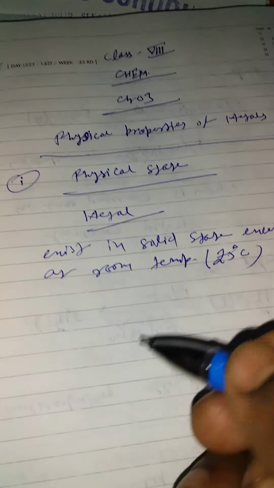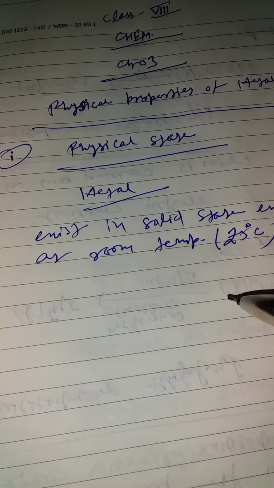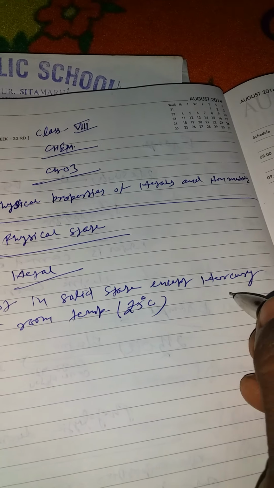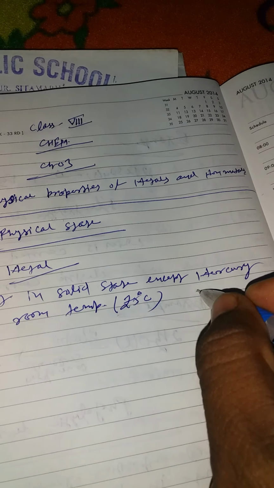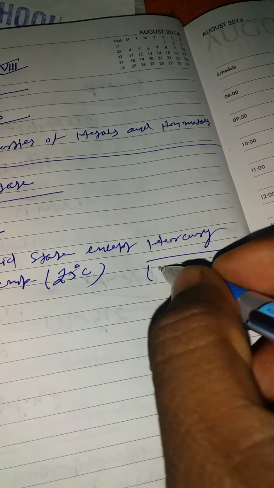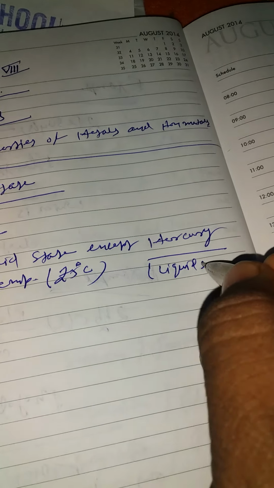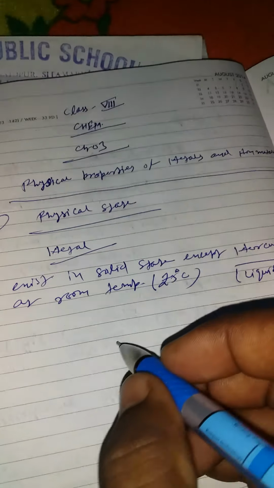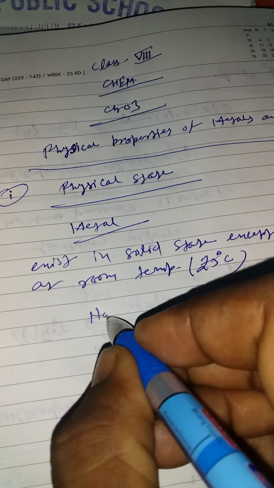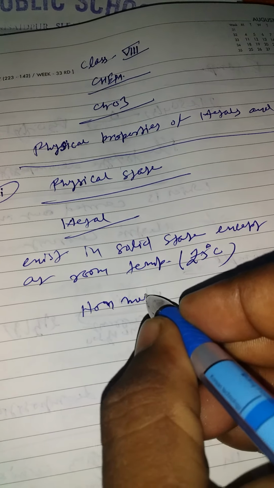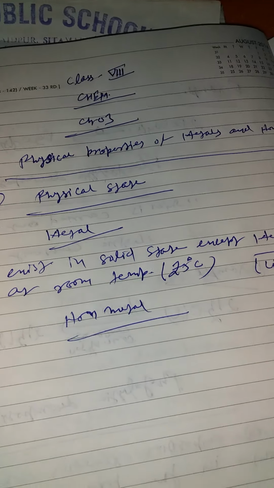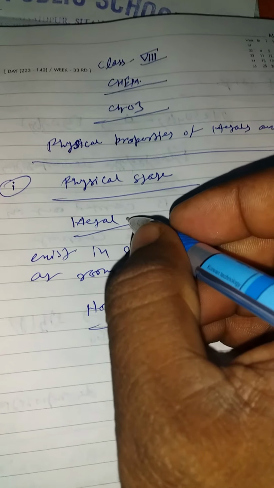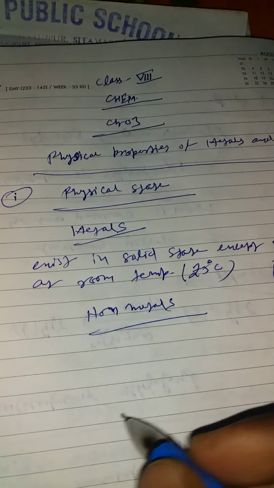That means at 25 degrees Celsius, metal exists in solid state except mercury, and mercury exists in liquid state at room temperature, while nonmetals and above metals.